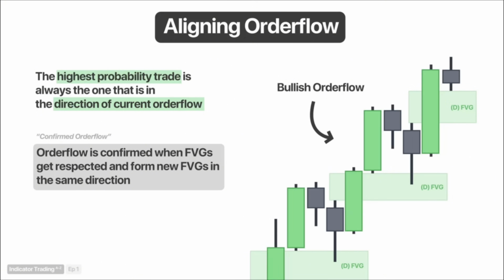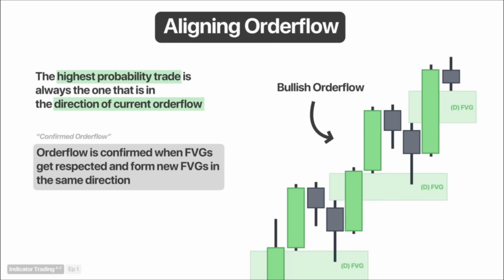Your lowest probability trades are going to come from going down into the lower time frames and looking to short towards the daily fair value gaps, using those fair value gaps as the draw to look for shorts into. Whereas your highest probability trades are going to come by just waiting for the retracement into the higher time frame fair value gap that is aligned with the current order flow direction, and then proceeding to look for longs in that same direction as the order flow.